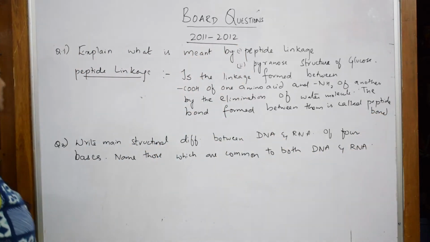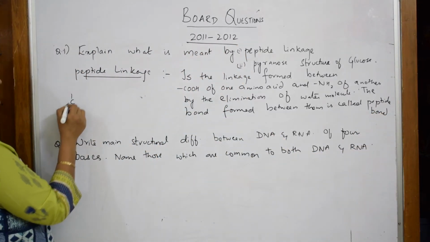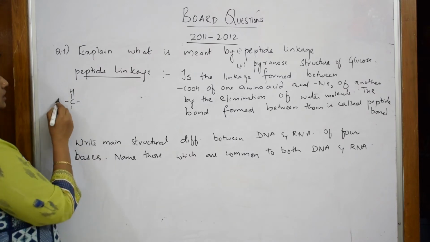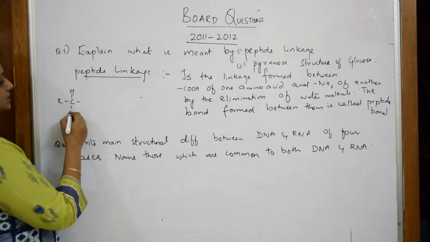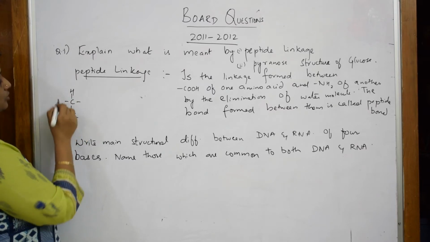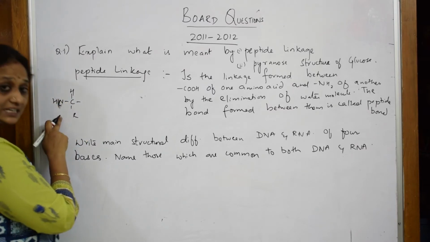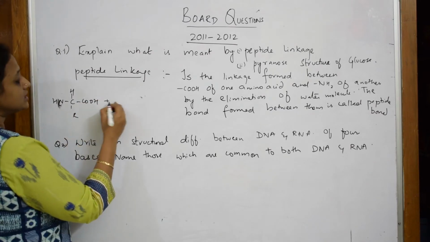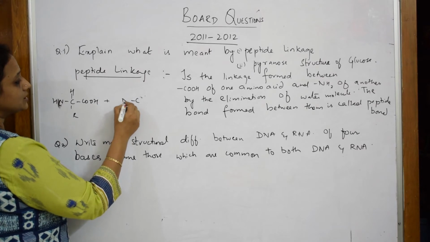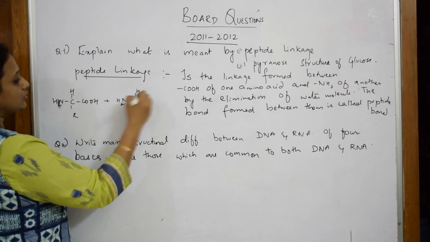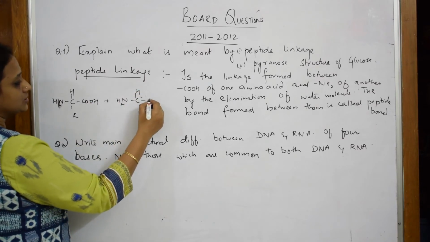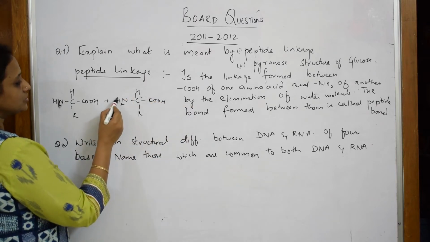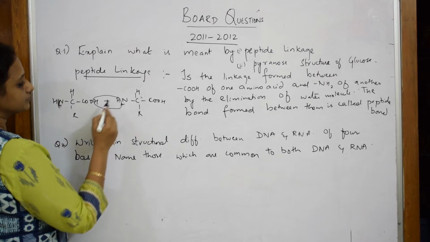So how should you show this? We very well know amino acid contains 4 groups: hydrogen, alkyl group, amino group, because you have to start from the N terminus, and a carboxylic group here. This is going to condense with one more amino group, NH2, with hydrogen above, R and H. This is your COOH. Now there is elimination of water molecule from here.